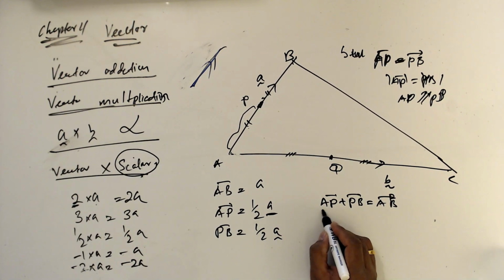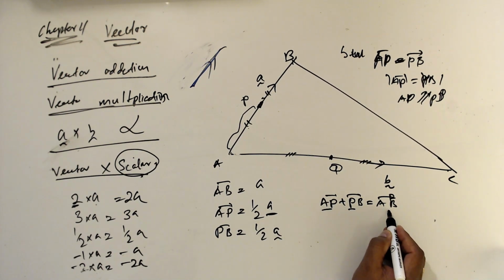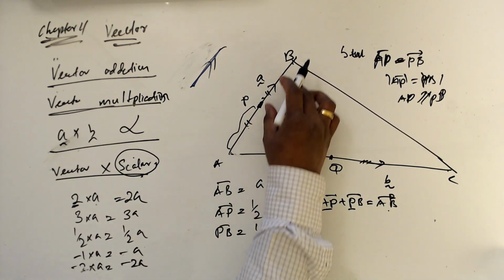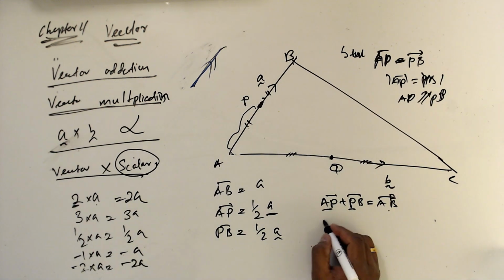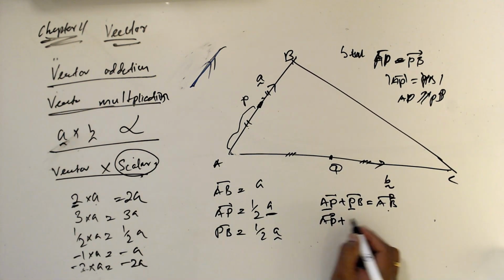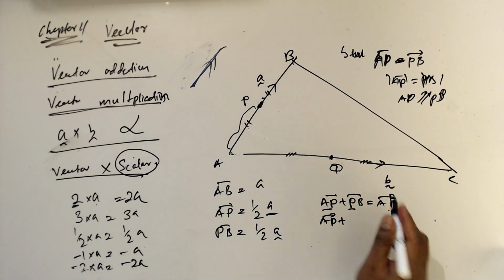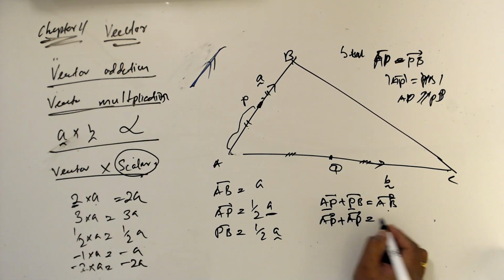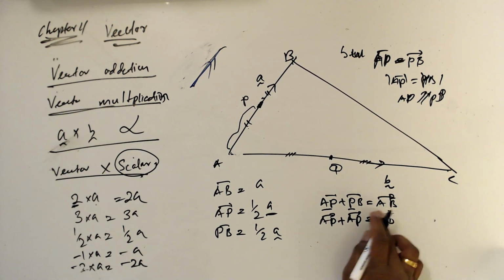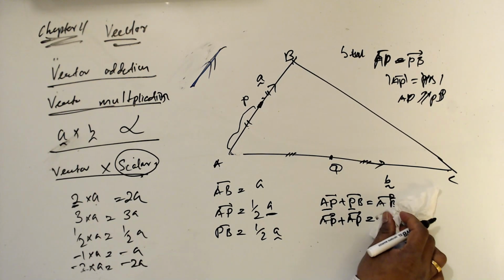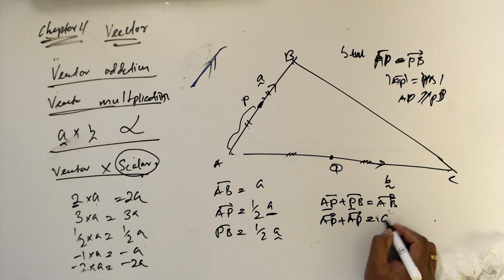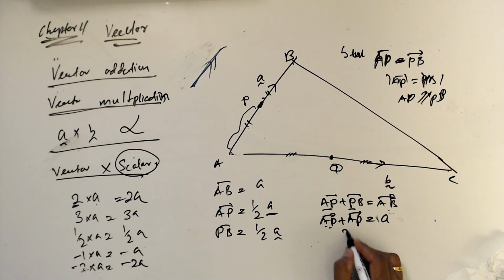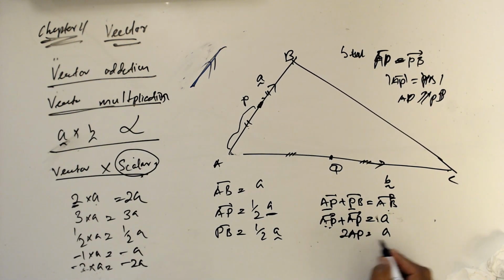Now AP plus PB equals AB. AP and PB are equal vectors, so instead of PB I can write AP again. Why? Because they are equal. So what is the AB value now? AB is A. So AP plus AP, 2AP equals A. So AP equals A divided by 2.